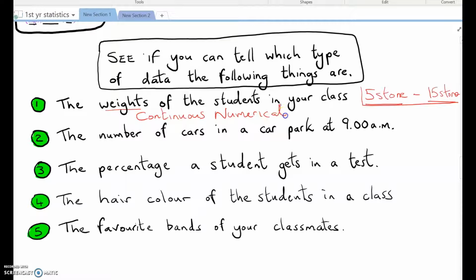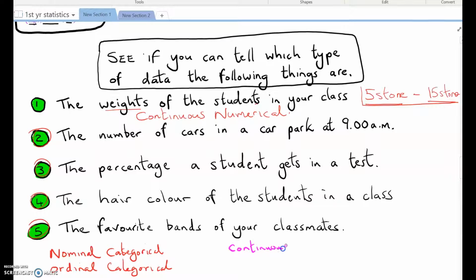Okay? Now take a look at the next 4 and see if you can figure out if they are nominal categorical, ordinal categorical, or continuous numerical, or discrete numerical.